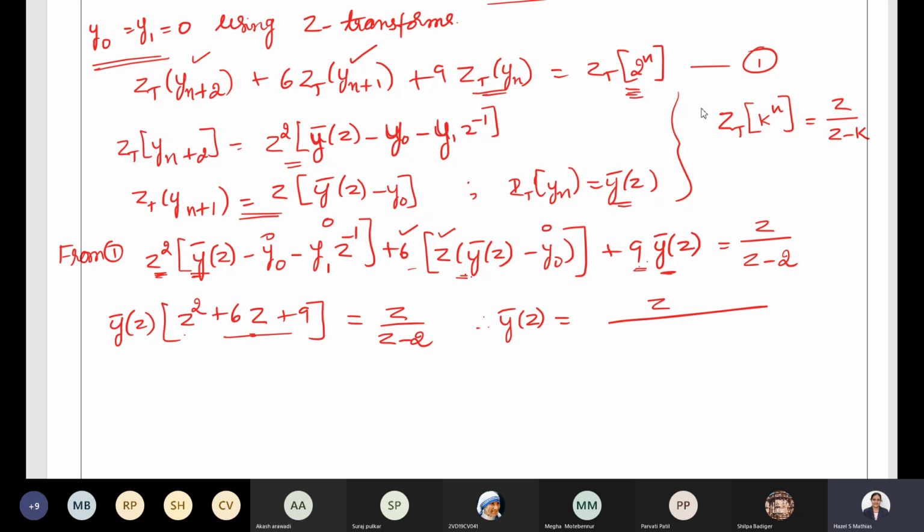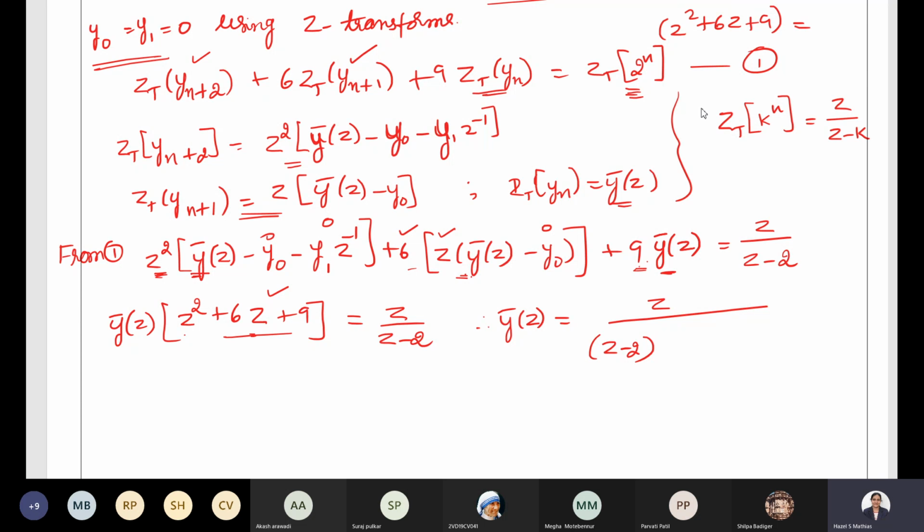That will be z divided by z minus 2 into, taking this to the other side, 1 over z square plus 6z plus 9. When you look at this, what expression comes to mind?